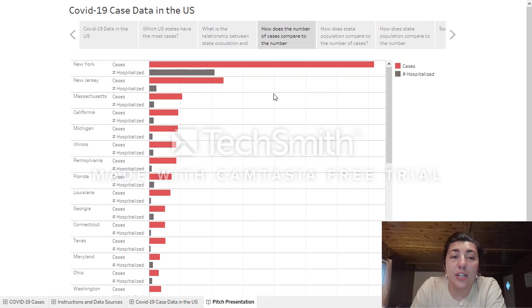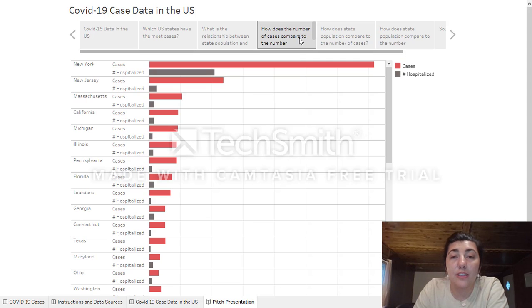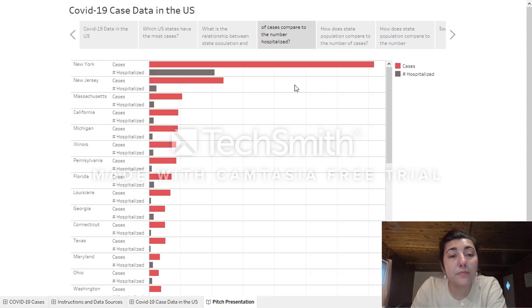So the next question I had was about cases and hospitalization. So how does the number of cases compare to the number of people that were hospitalized? And so I just thought a great comparison would be to do a shared axis chart.